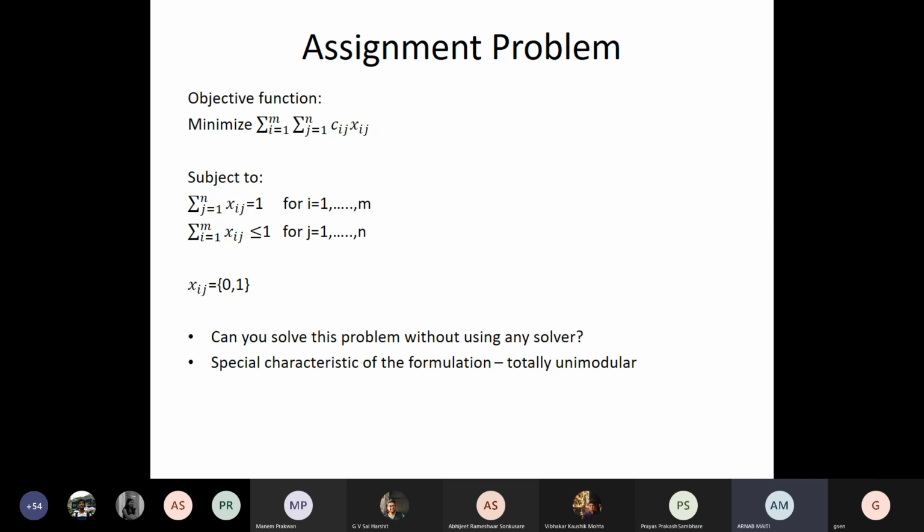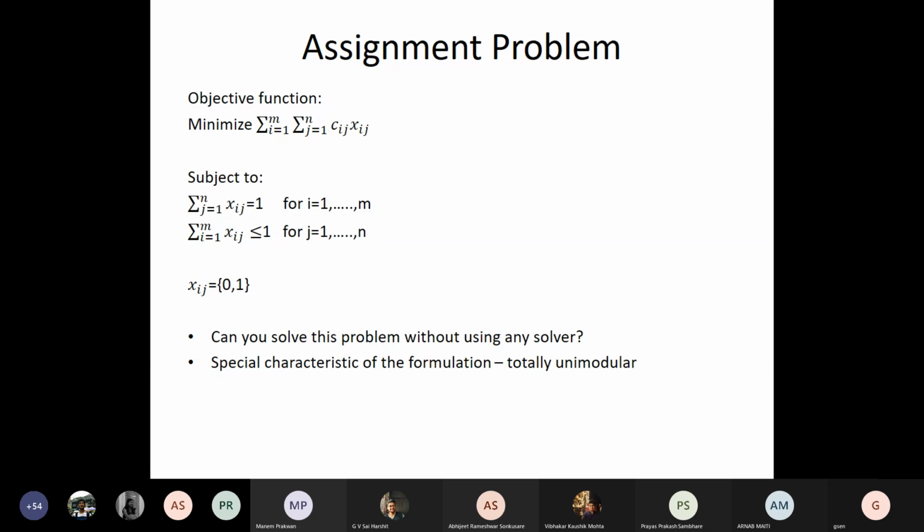Yes, assignment is basically a matching problem, right? You are matching the crew and the aircraft, correct? So you read about the Hungarian algorithm and how it is applied to solve assignment problems.